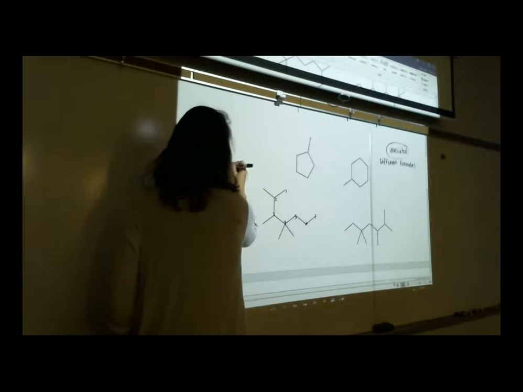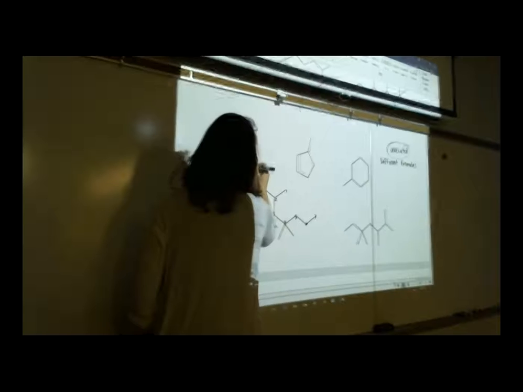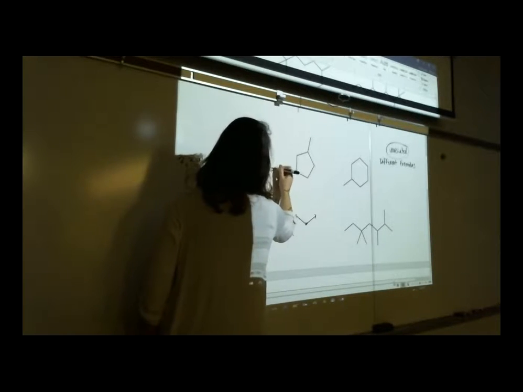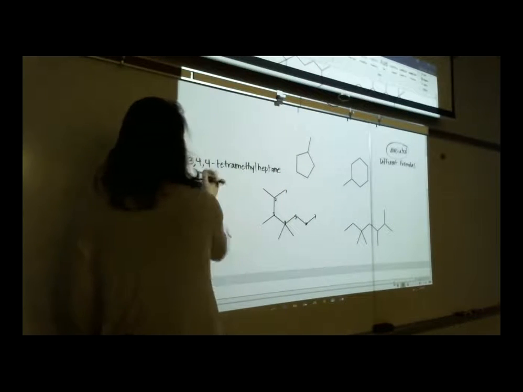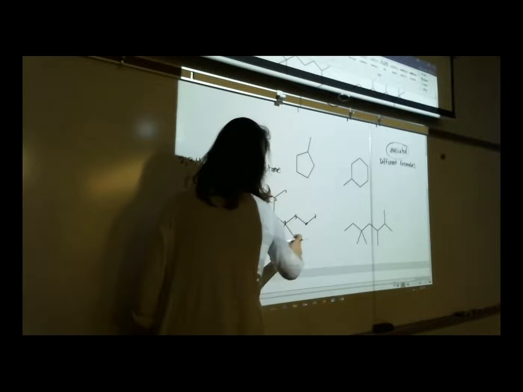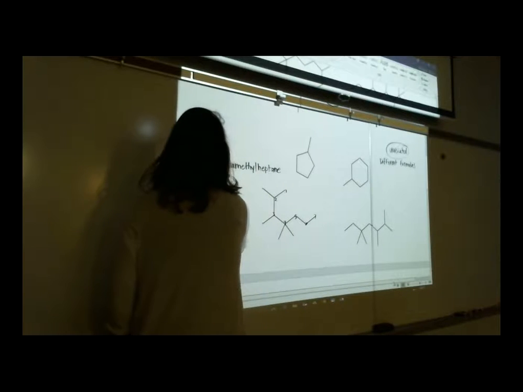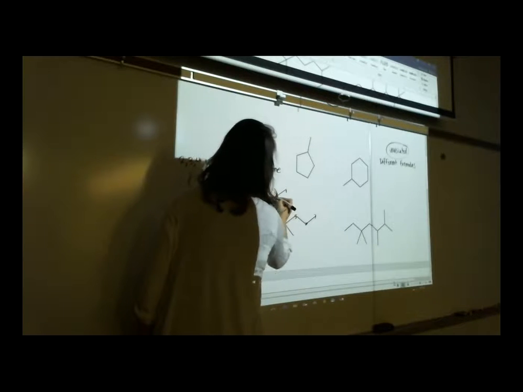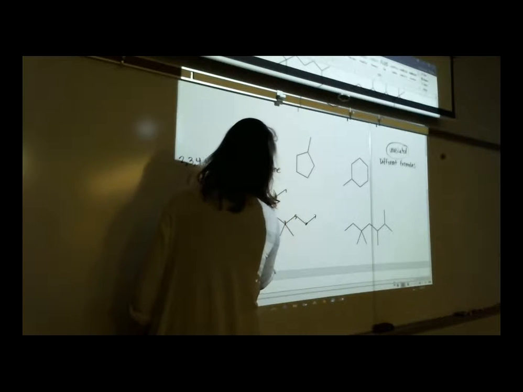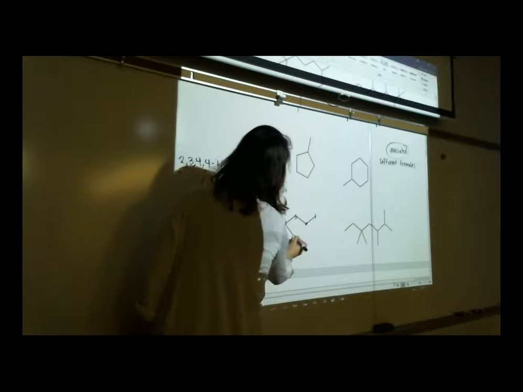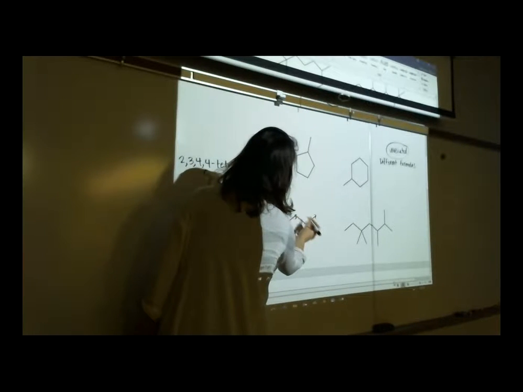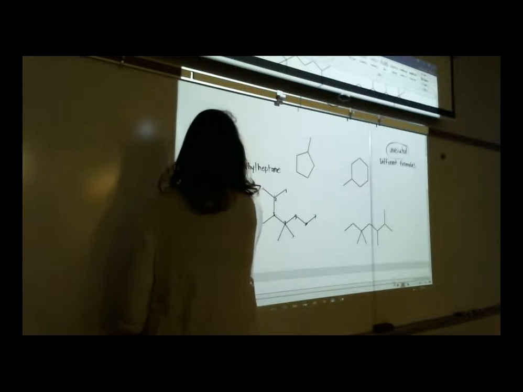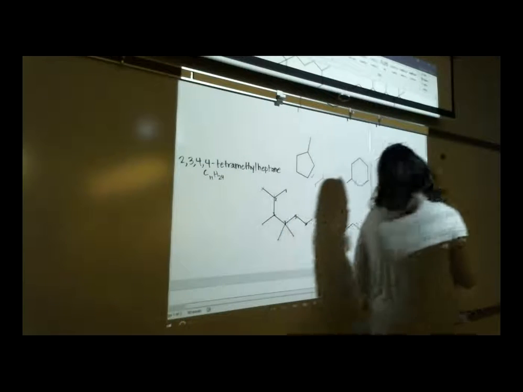Tetramethyl. Right, tetramethyl, what? Heptane. And it has the formula, let's see, there are 7 carbons, 8, 9, 10, 11, C11, 1, 2, 3, 4, 5, 6, 7, 8, 9, 10, 11, 12, 13, 14, 15, 16, 17, 18, 19, 20, 21, 22, 24, H24. And now let's do this one.